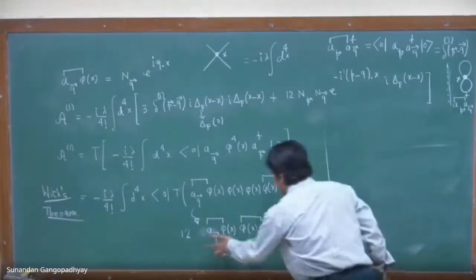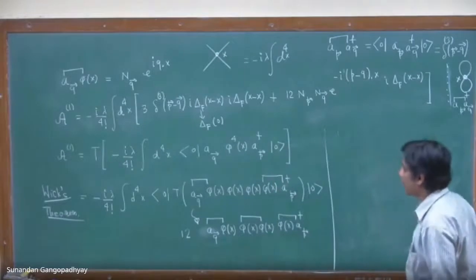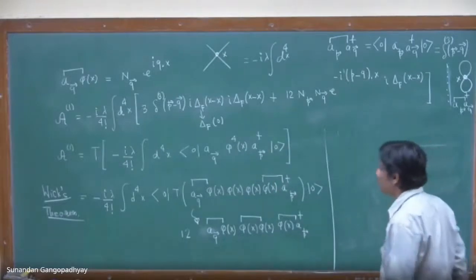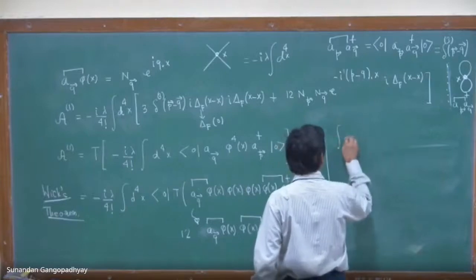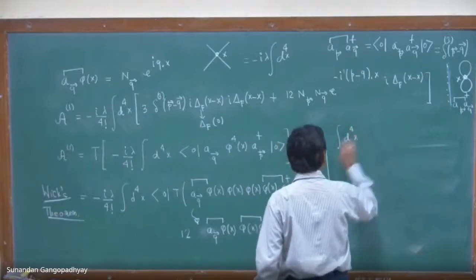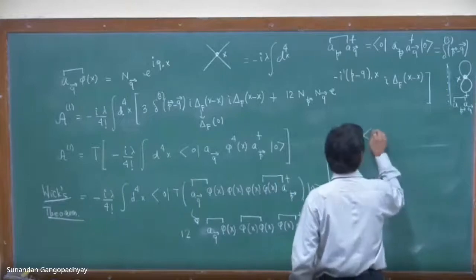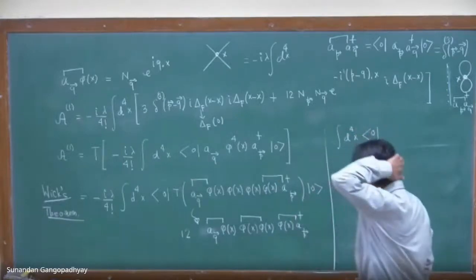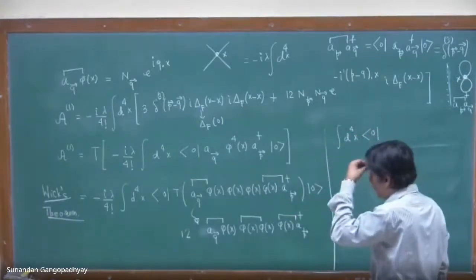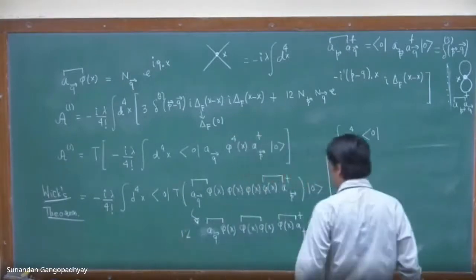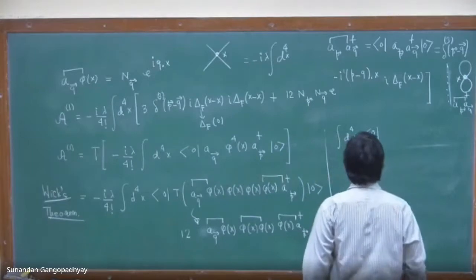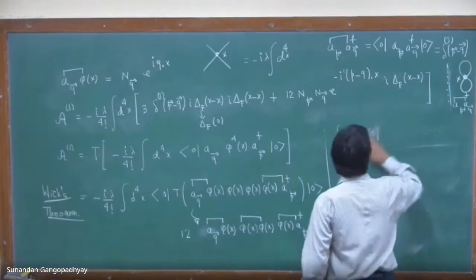Let us look at the second term and try to simplify it a little bit more. So this term is basically the integral d4x. I'm just leaving out the factor of 12 and things like that. We have already calculated this.